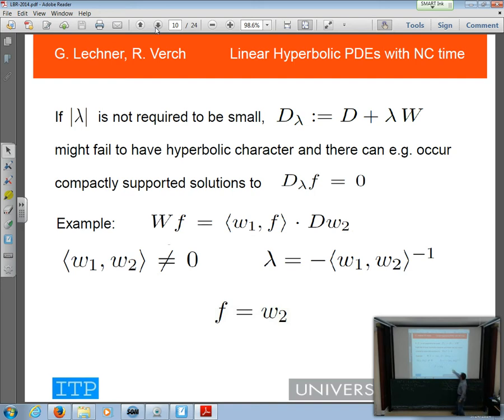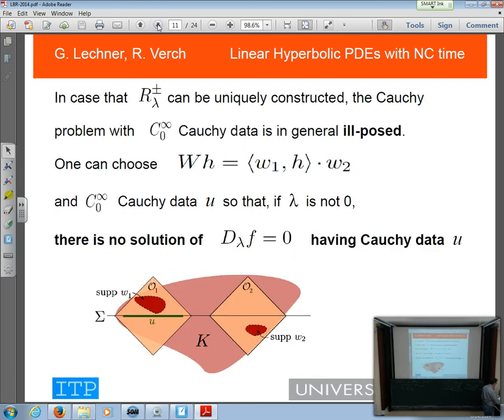But in order to have that, you might be forced to make lambda large. So it's probably not contradictory. Yeah, could work. So I'm not excluding that it works.